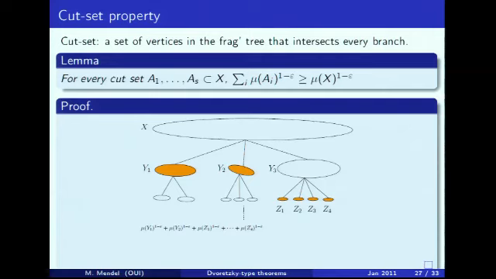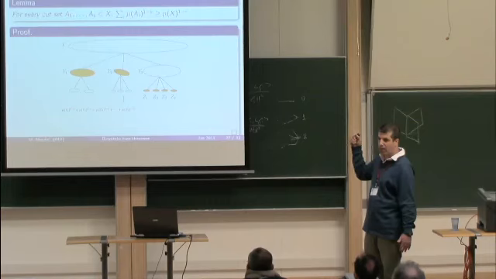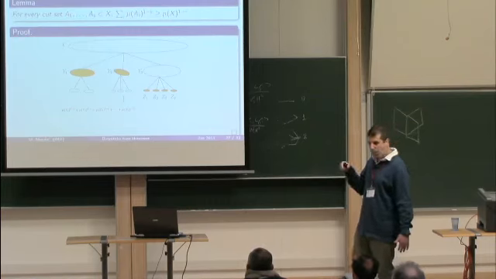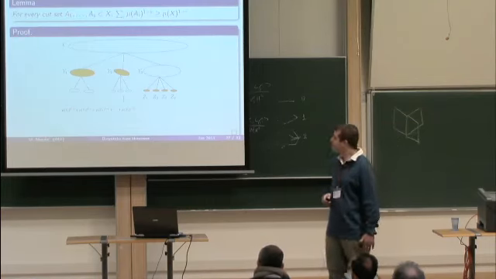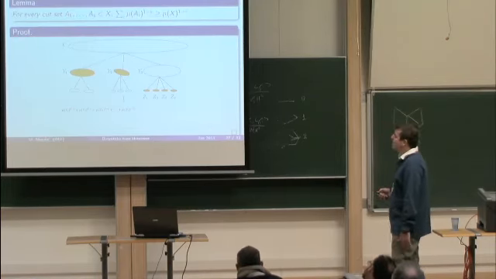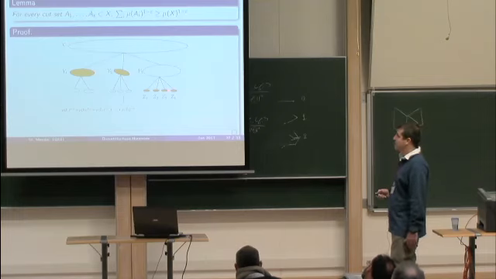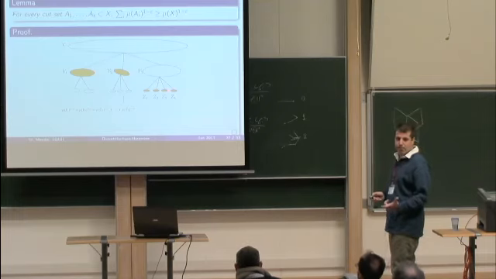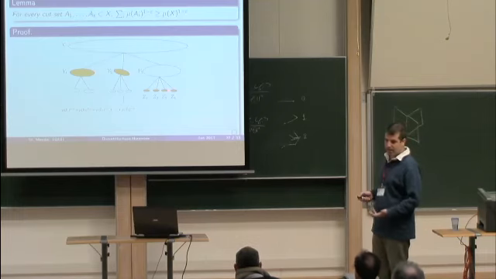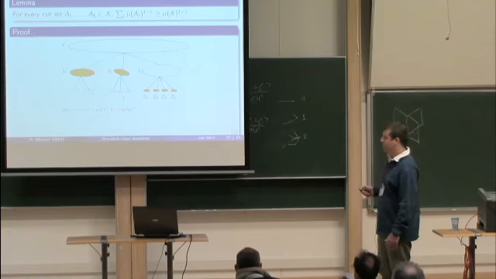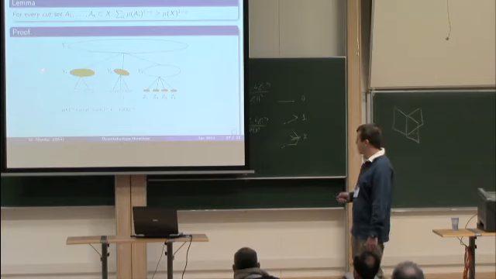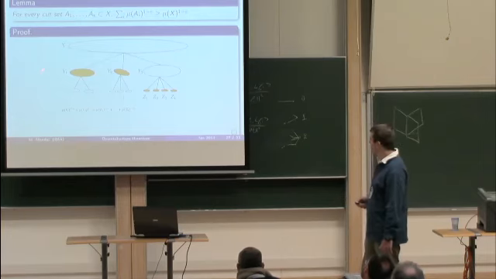This is for any cut set, but to prove it, it's sufficient to look at minimal cut sets, which intersect every branch at exactly one vertex. And the minimal cut sets in a tree with finite valency are finite subsets. This is a standard compactness argument. So the cut set is a finite subset of vertices.